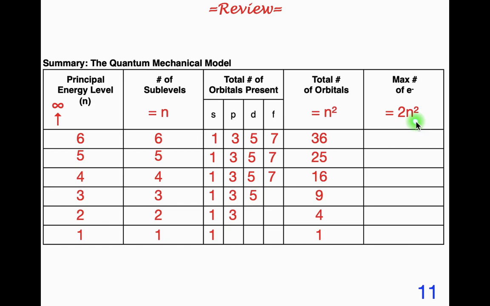So it would be 2n squared. So 2, 8, 18, 32, 50, 72. Okay, so it's a nice summary of the arrangement of sublevels, orbitals, total number of orbitals and total number of electrons for each of the principal energy levels. It's a handy relationship to have.